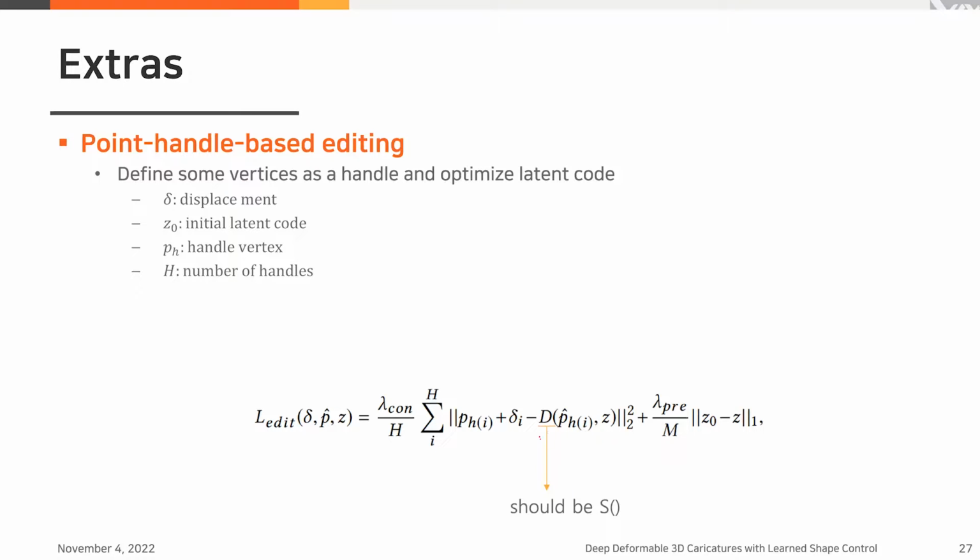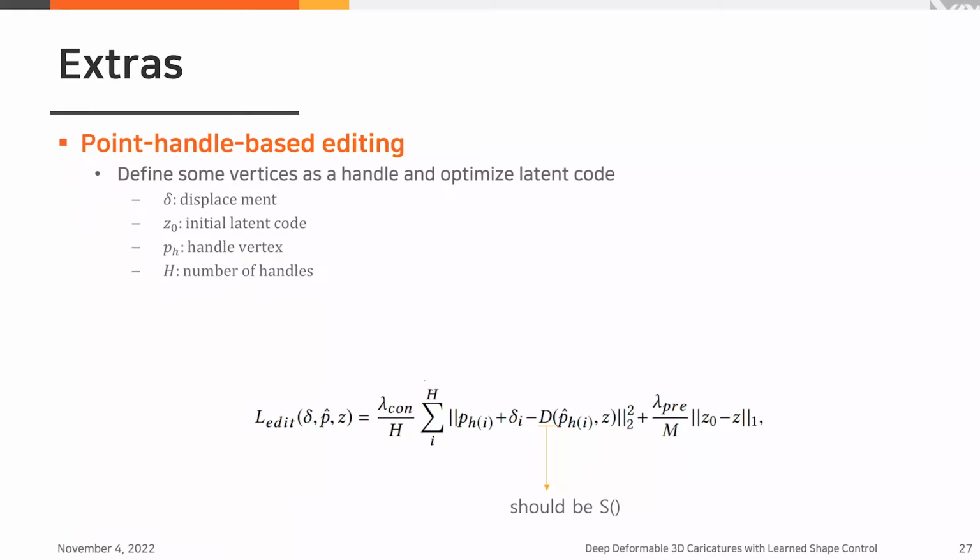So this should be the generated 3D caricature, and this is, wait a second. Yeah. So delta is a displacement, z0 is an initialization latent code, p_h is a handle vertex, and H is the number of the handles.